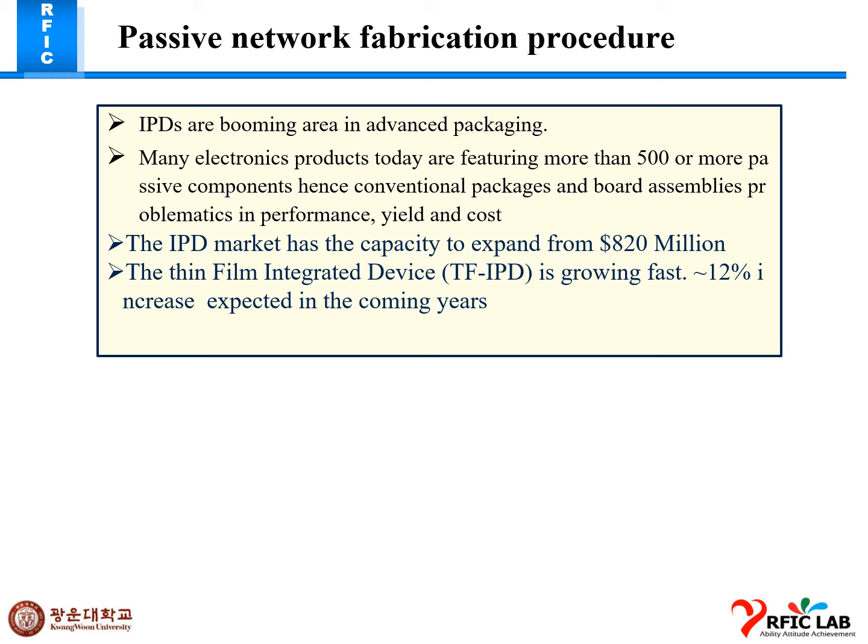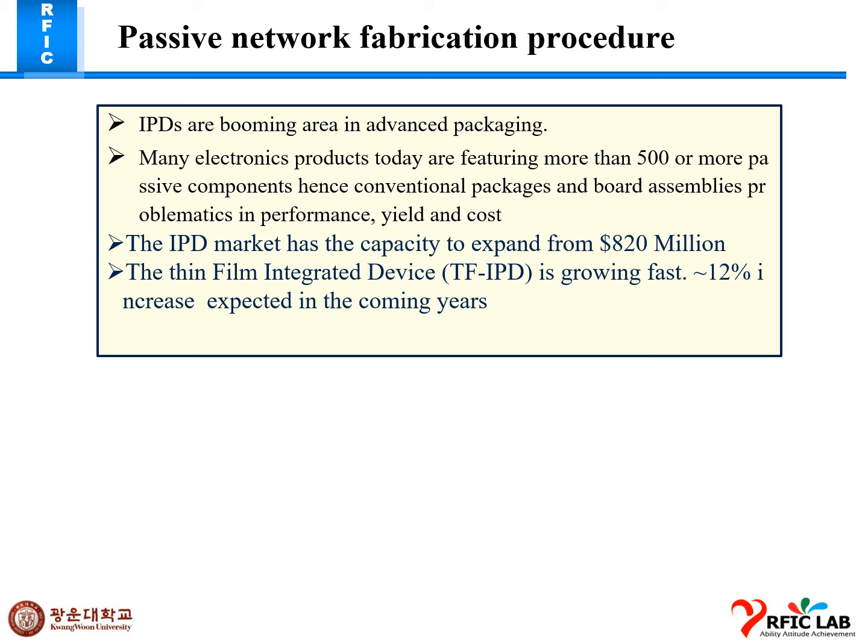Many electronics are featuring more than 500 passive components. Hence, conventional packages and board assemblies are problematic in performance, yield, and cost. The IPD market has the capacity to expand from $820 million.